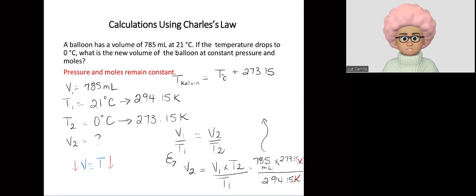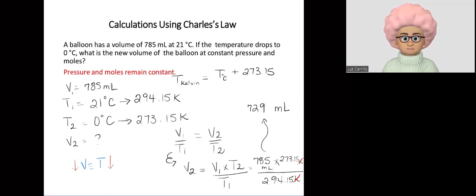So when I look at my final answer, because the unit for volume is in milliliters, this answer is in milliliters. So we're going to take 785 times 273.15 divided by 294.15, and we can observe that the result of this is going to be 729, so 729 milliliters.